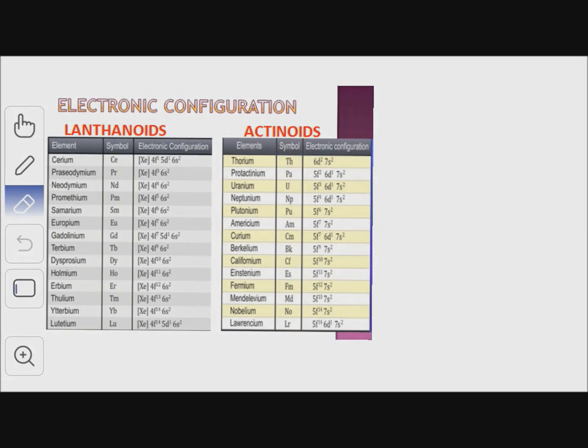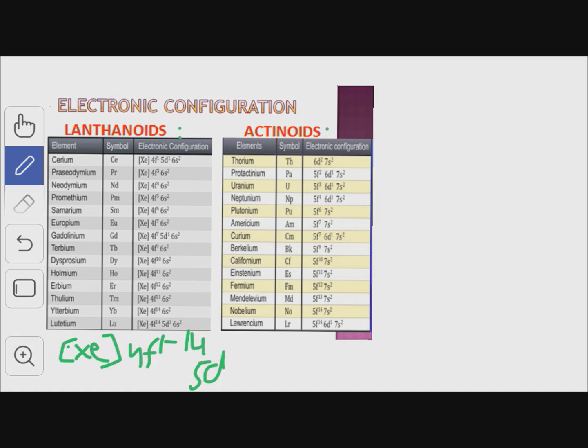Next is the electronic configuration of lanthanoids and actinoids. First we will discuss lanthanoids, in which the general electronic configuration is xenon 54, 4f 1 to 14 electrons, 5d 0 to 1 electron, and 6s2, which is a completely filled orbital.